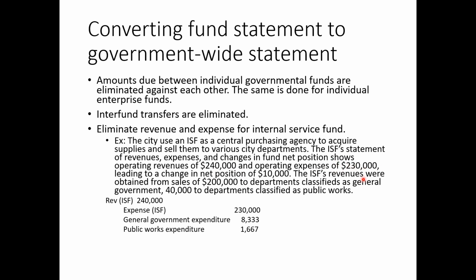So for the same transaction, the government as a whole booked the expense twice. One in the internal service fund, and then by the individual other funds. Obviously, there's a duplication, and also this revenue is based on selling stuff to other departments.